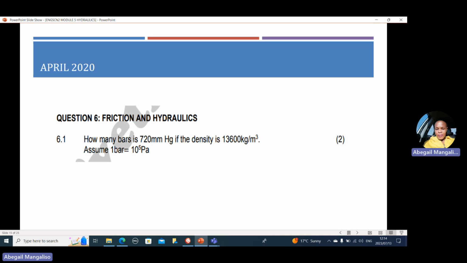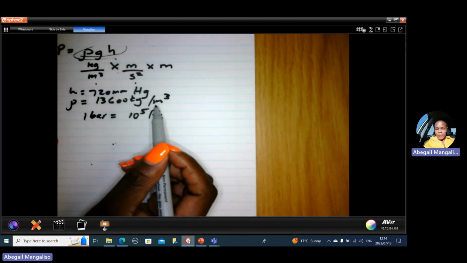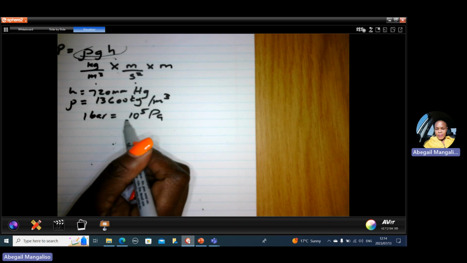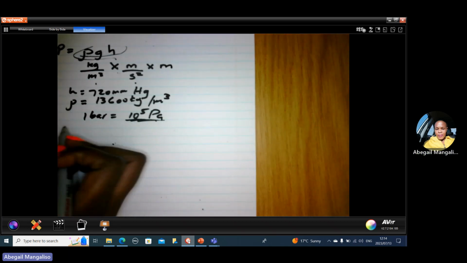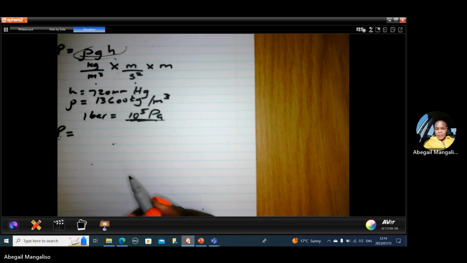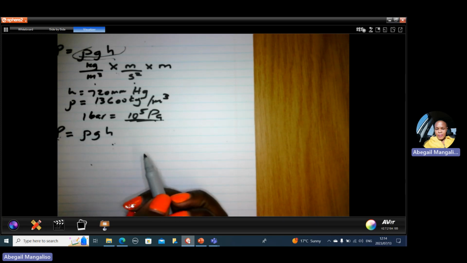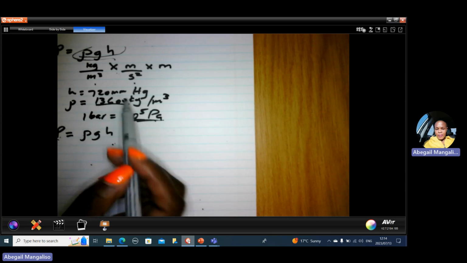And it says 1 bar is equal to 10 to the power 5 pascals. So let's first calculate this mercury pressure in pascals, which is given by rho g h.